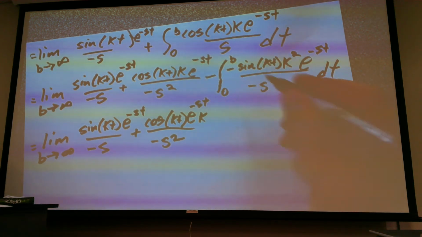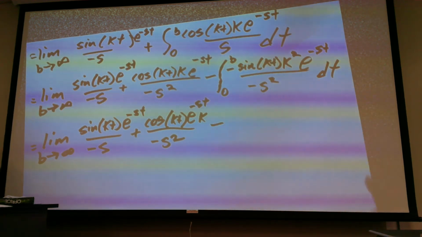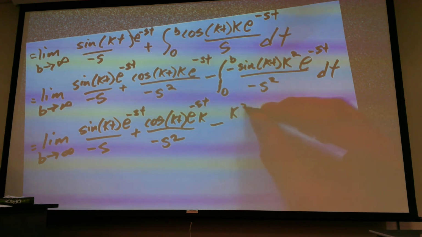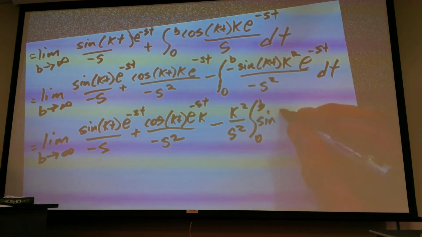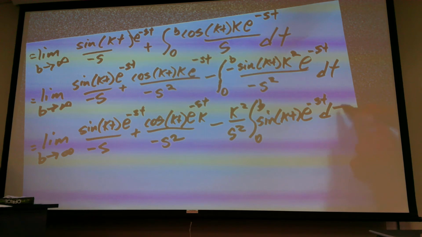Okay, minus, minus, minus, this becomes minus, and then we have k squared divided by s squared, and this will be the integral from 0 to b. This is going to be sine of kt e to the minus st, integral with respect to t.